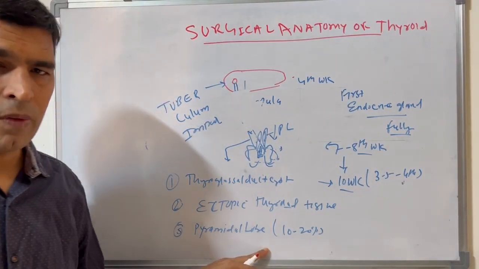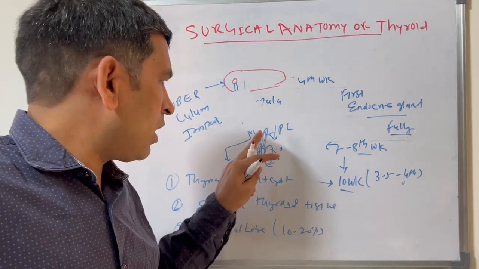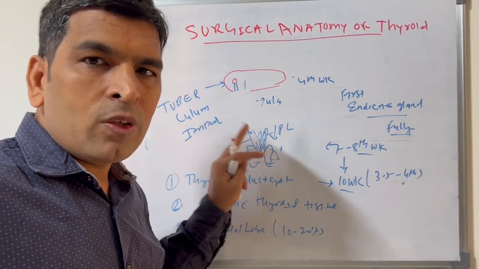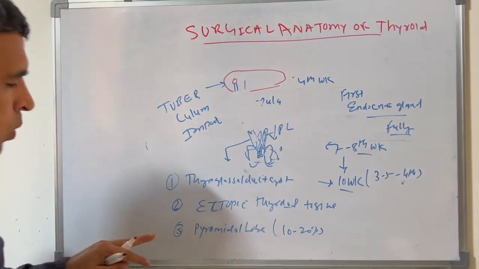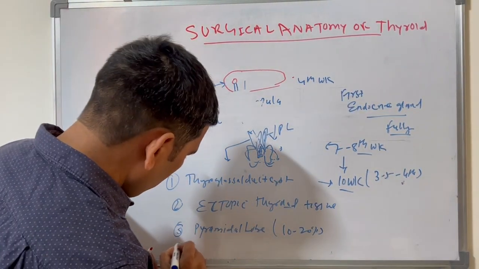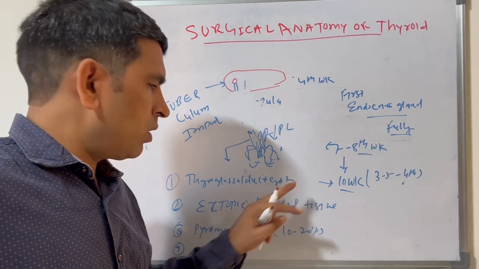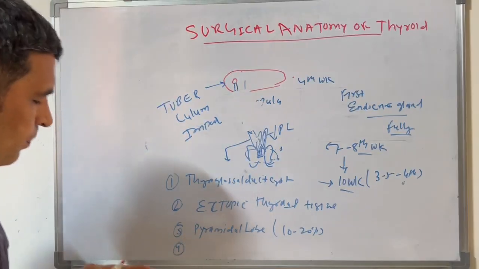During thyroid surgery, sometimes you remove the thyroid but leave this pyramidal lobe, which may lead to recurrence. So remember, always search for the pyramidal lobe, and always search for ectopic thyroid tissue also. You should thoroughly investigate thyroid cases.